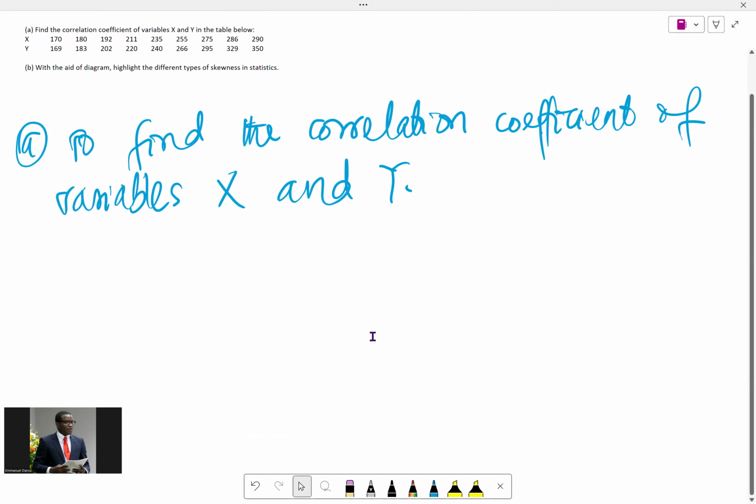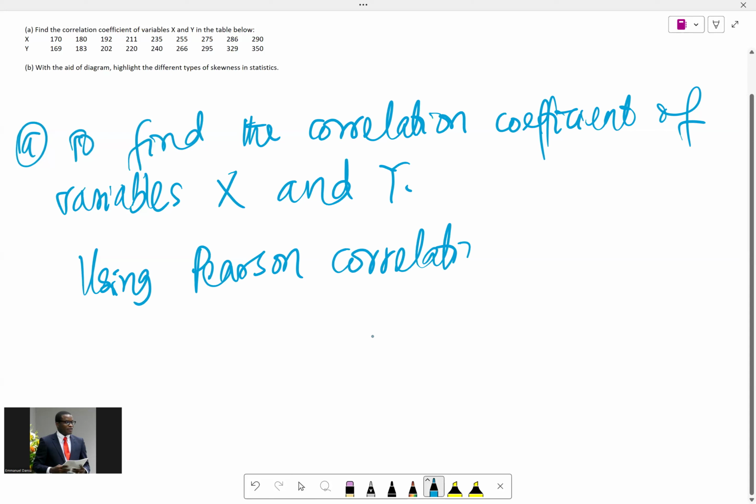You first of all need to state what you want to use. This looks to me like we should use Pearson. Isn't it the Pearson correlation coefficient?